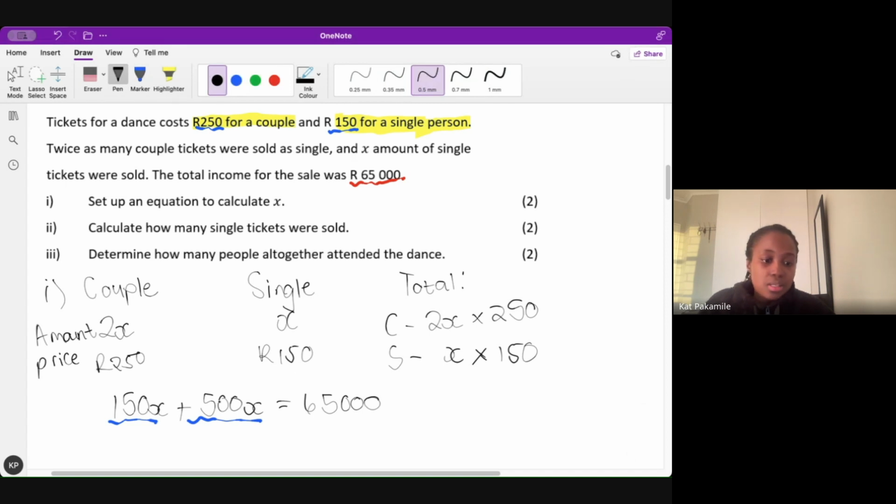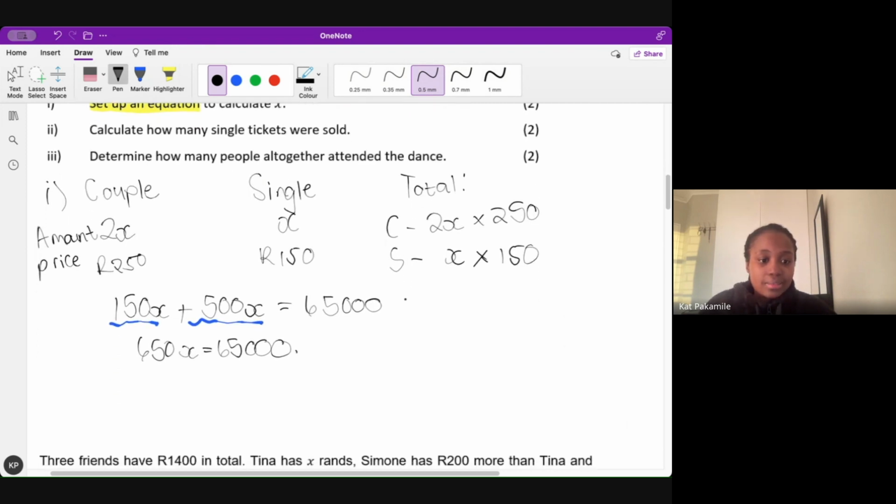It will be 650X, equal to 65,000. And be careful not to continue, because all A said was set up an equation. They didn't say solve for X. They said set up an equation. So for A, or for number 1, we're technically done.